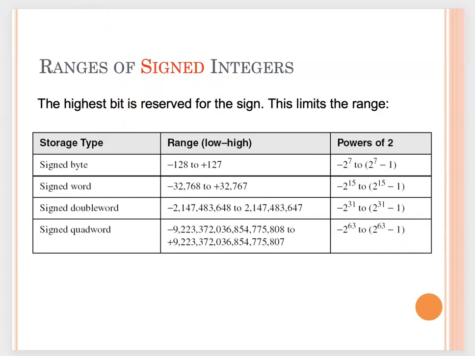So why do we talk about signed integers? The reason is, did you notice earlier when I talked about binary addition, I didn't talk about binary subtraction? That's because in the computer world, they don't do subtraction. For example, if I do 54 minus 28, in the computer world they don't do minus.